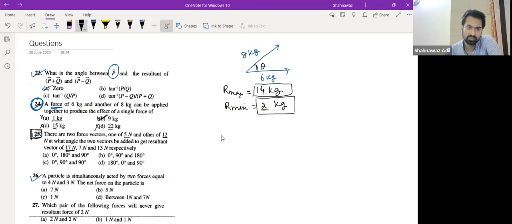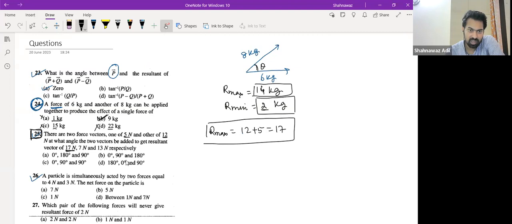Is that correct, Rishita? Yes, sir. So in this question, they are asking what could be the angle. For R max, what is the angle? 0 degree.